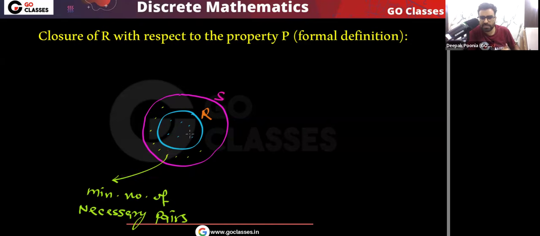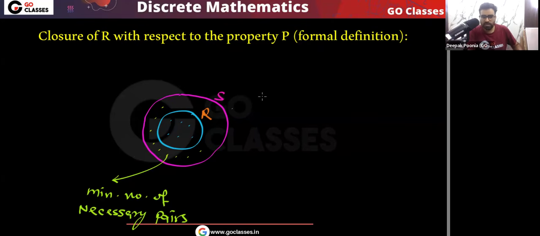If these are necessary pairs, and I want to create a superset of R which satisfies property P, do you agree that any superset of R which satisfies property P will definitely be a superset of S? Did you understand the point I'm making?